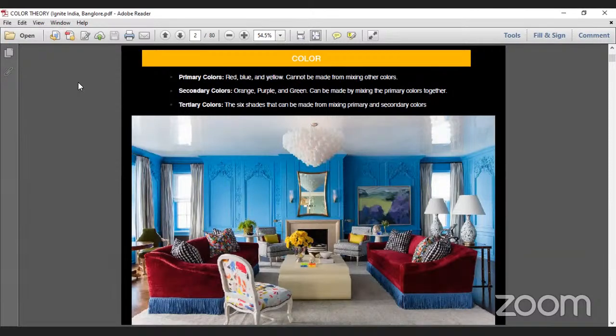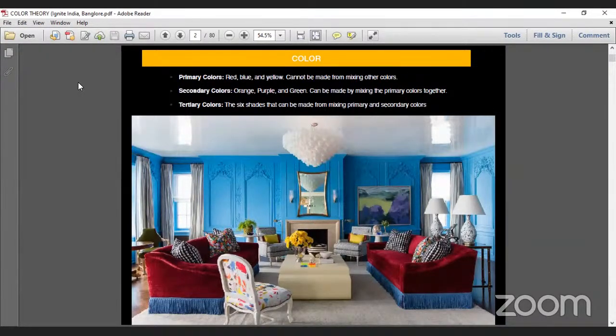Followed by this, we have the secondary colors. Now, what are the secondary colors? Secondary colors are orange, purple and green, and can be made by mixing the primary colors together. Tertiary colors are the 6 shades that can be made from mixing primary and secondary colors.